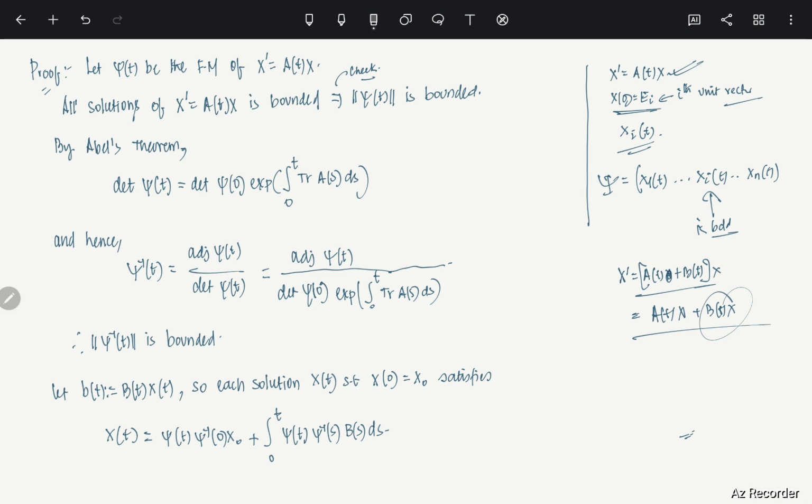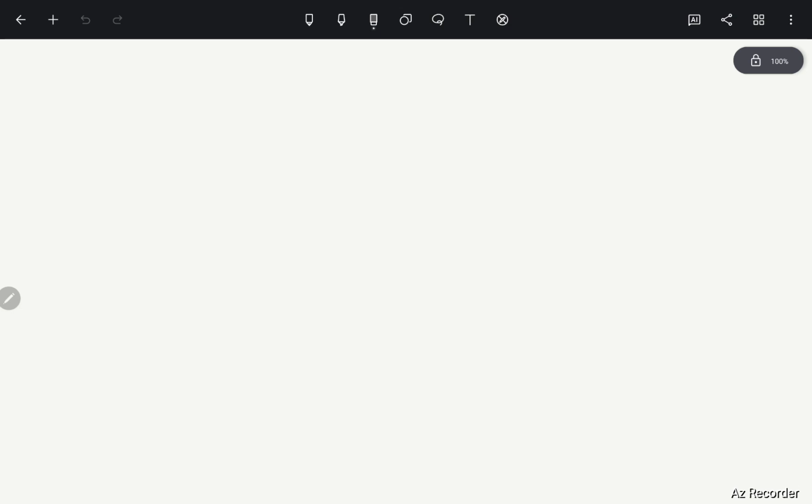Now see, if one defines C as the maximum of the supremum over t greater than or equal to 0 of norm of phi of t, and the supremum over t greater than or equal to 0 of norm of phi inverse of t.